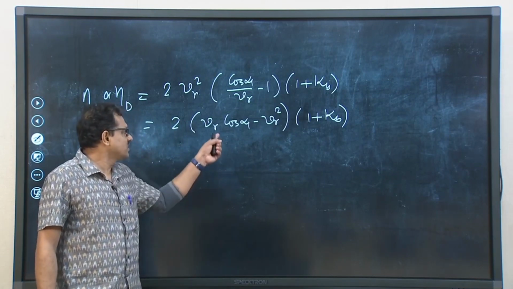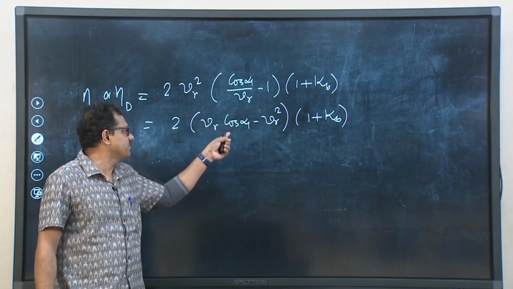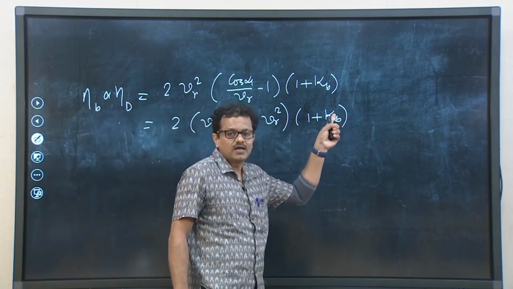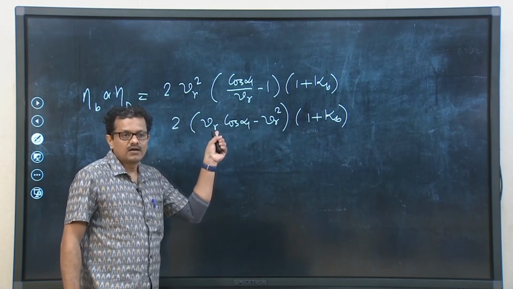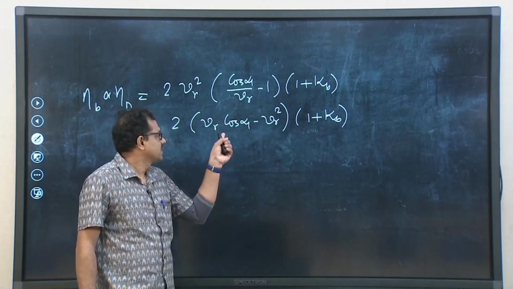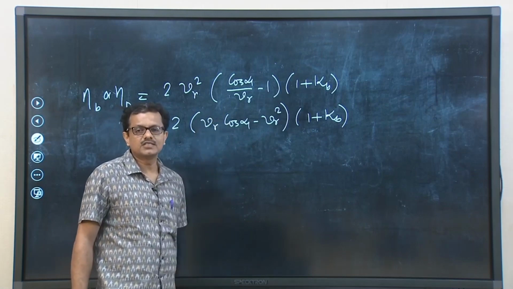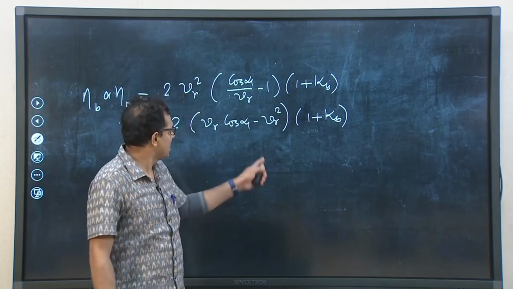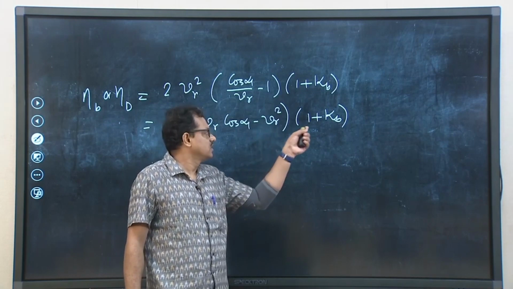Now, we can see that this blading efficiency or diagram efficiency is a function of flow angle, blade friction coefficient, and most importantly the velocity ratio. So there must be an optimum value of Vr for which this diagram efficiency or blading efficiency should be maximum. Alpha 1 is fixed because it depends on the designer.